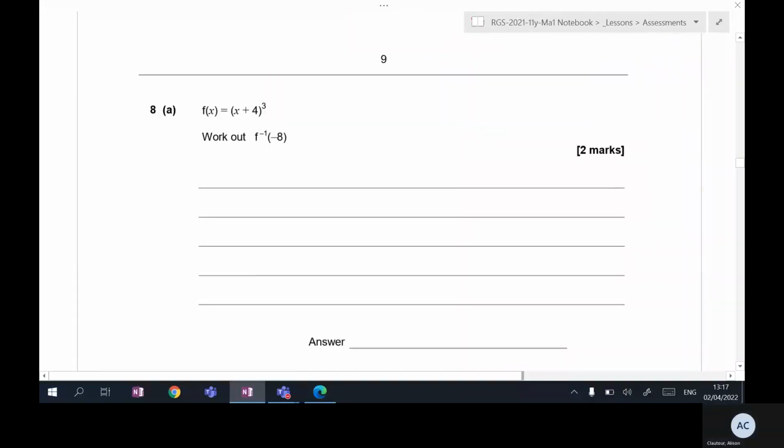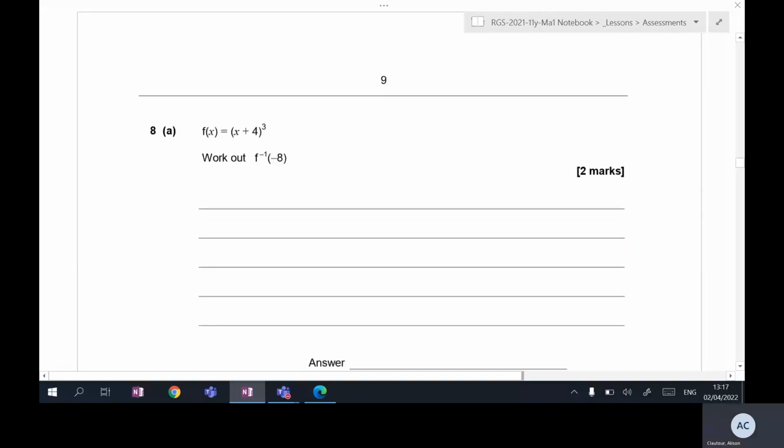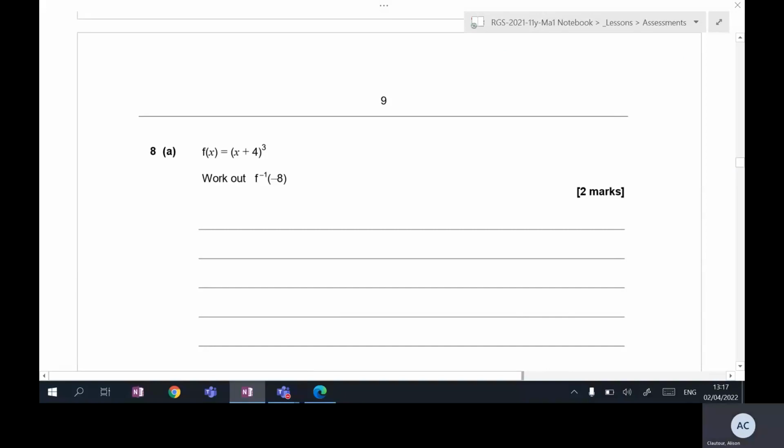Question 8. We need to work out the inverse of minus 8. So remember the whole purpose of an inverse function. So a normal function, we would put our input in as x, and then our y value would be the output. So an inverse function, the definition of an inverse function is the opposite way around. You're putting your output into the function to try and get what the input was.